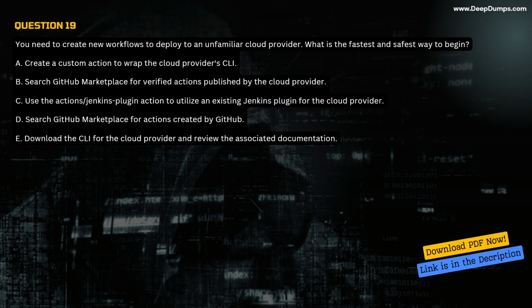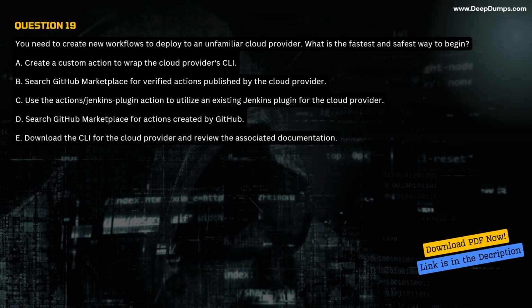Question 19. You need to create new workflows to deploy to an unfamiliar cloud provider. What is the fastest and safest way to begin? A. Create a custom action to wrap the cloud provider's CLI. B. Search GitHub Marketplace for verified actions published by the cloud provider. C. Use the actions/Jenkins plugin action to utilize an existing Jenkins plugin for the cloud provider.